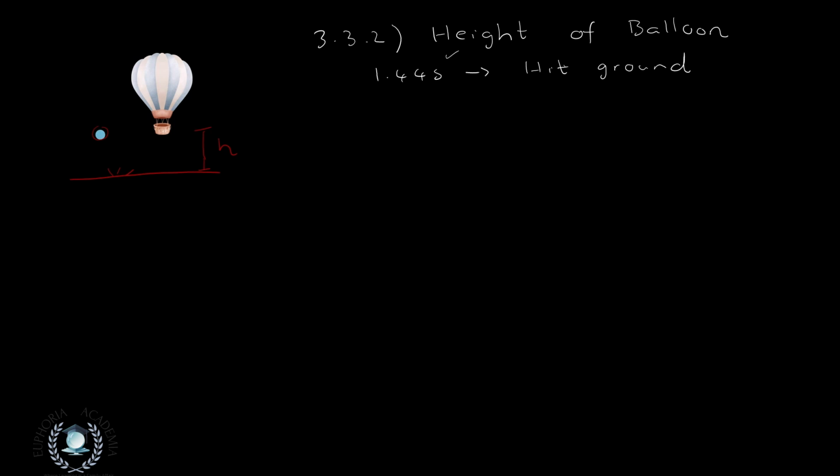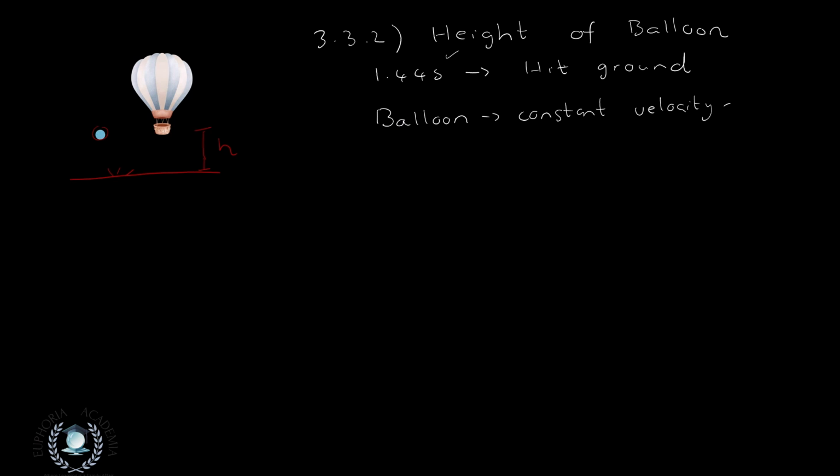But something to also consider is that in the question, after all the information is given, we are told that the hot air balloon still travels at this constant velocity after the ball is released from it, right?